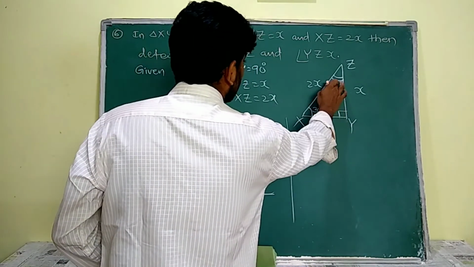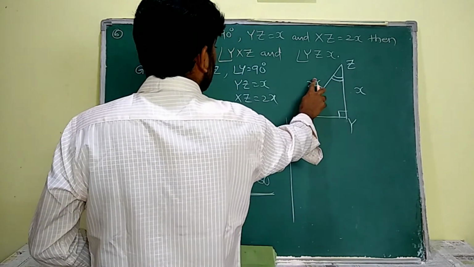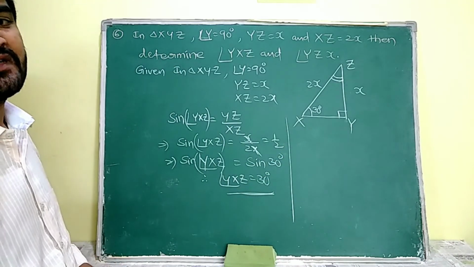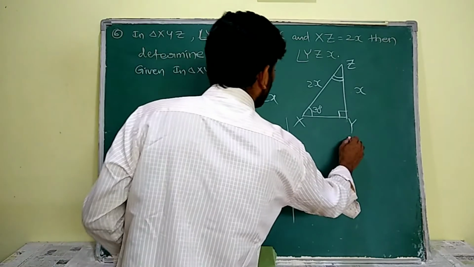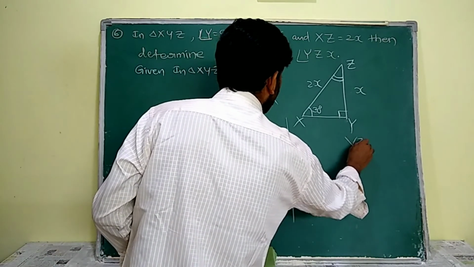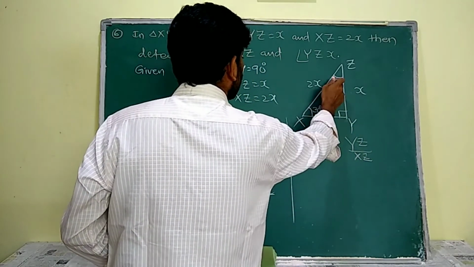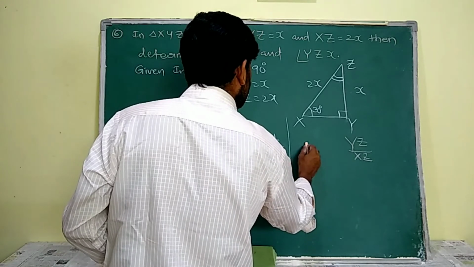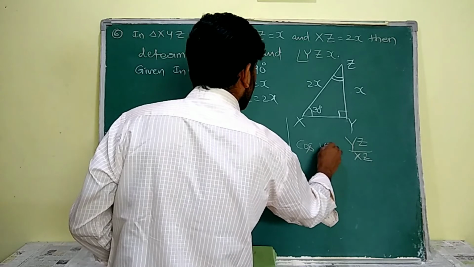With respect to Z, I want to calculate this Z. With respect to Z, the ratio of these two sides gives which trigonometric ratio we have to check. Again I am going to write YZ by XZ only. YZ by XZ with respect to this Z is adjacent side by hypotenuse, which means cos of YZX.